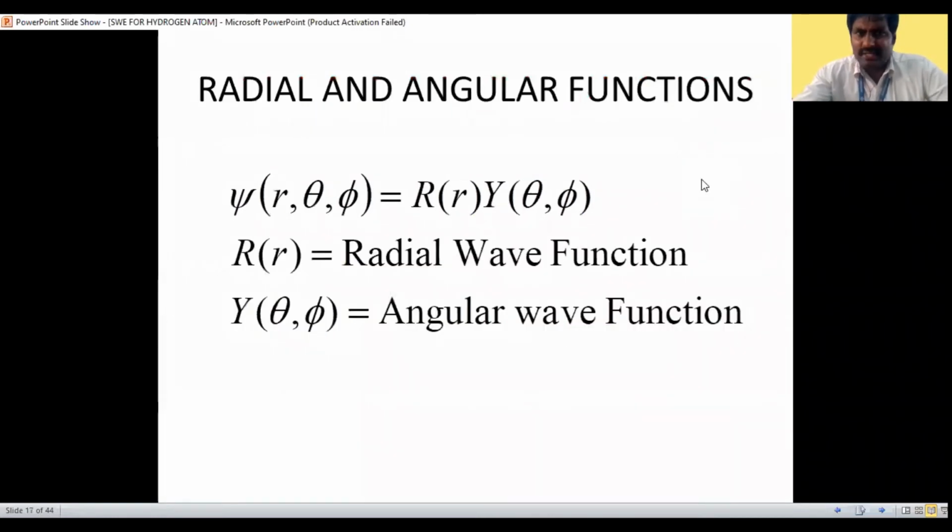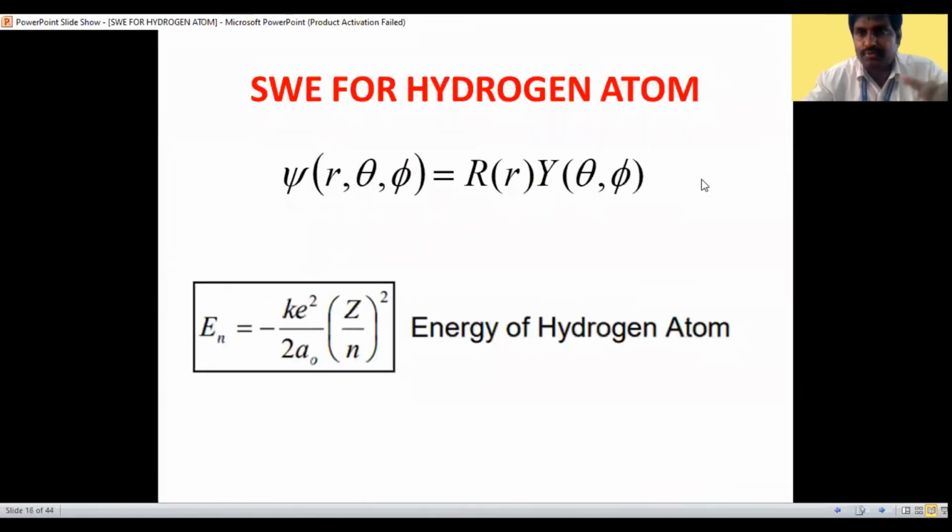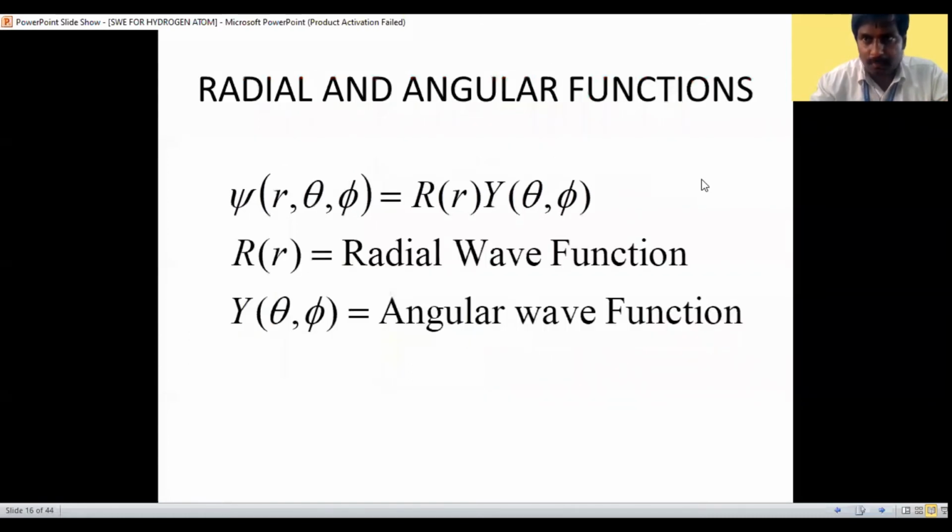Let us see what the radial and angular wave functions are. We have seen the solution for energy, and we need not derive the energy solution at this point. So now we are writing the radial wave function and angular wave function. Okay, R of r is the radial wave function and Y of theta, phi is the angular wave function.